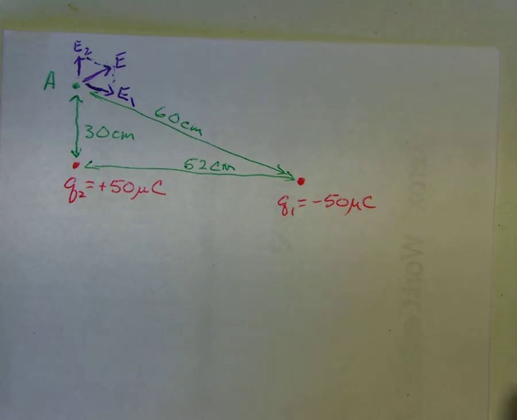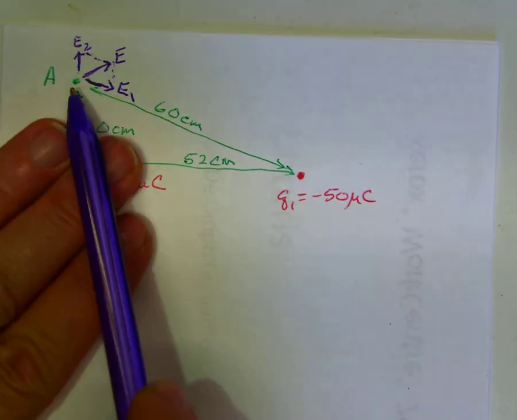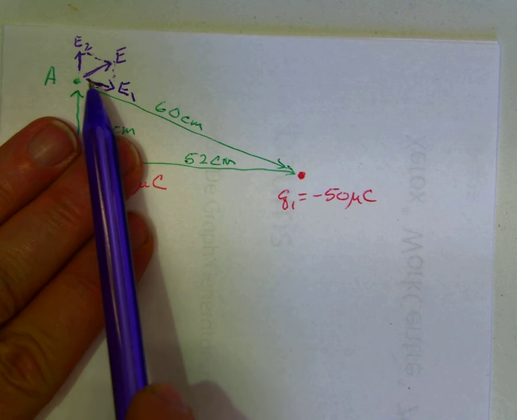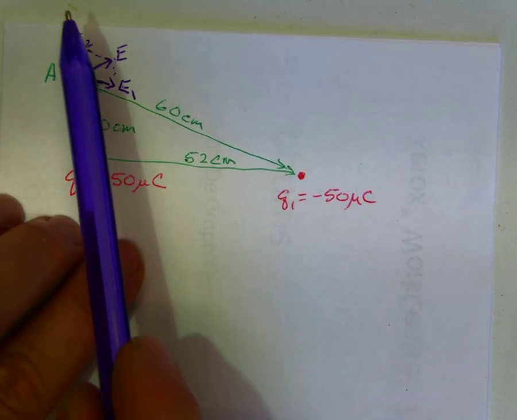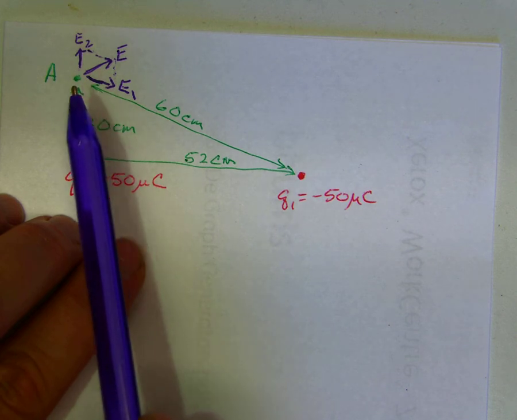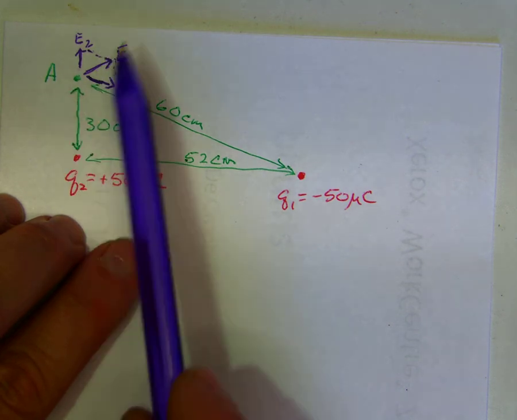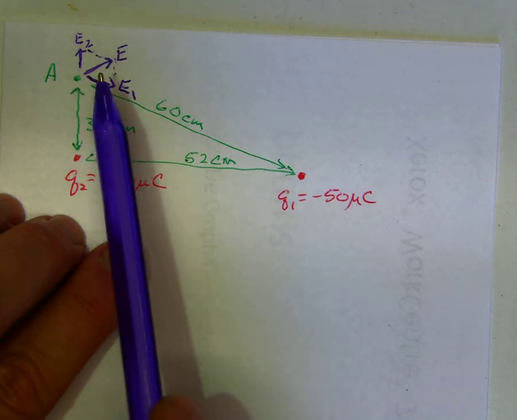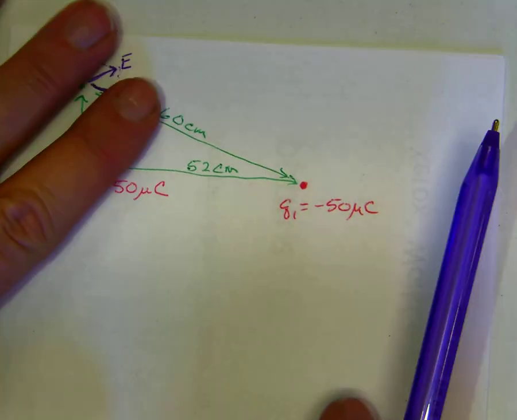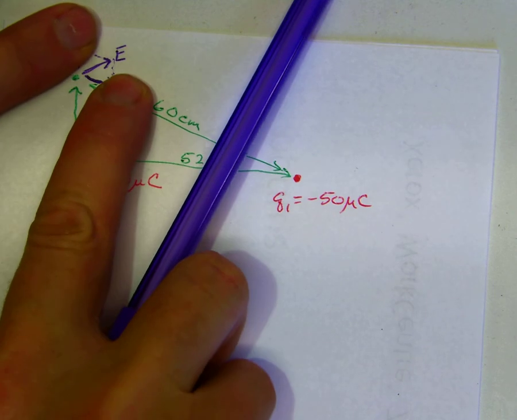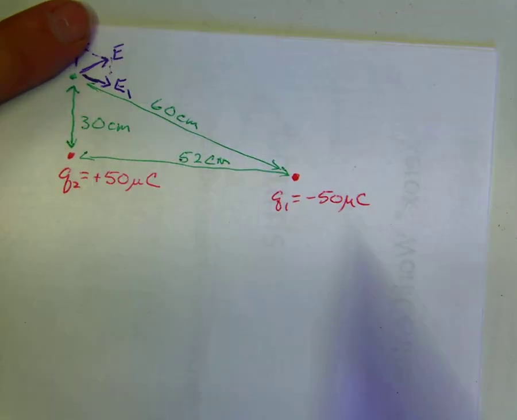From Q1 you have an electric field going this way. From Q2 you have an electric field going that way. The result of the two is a combination, something in the middle. So your net result is just that E going that way.